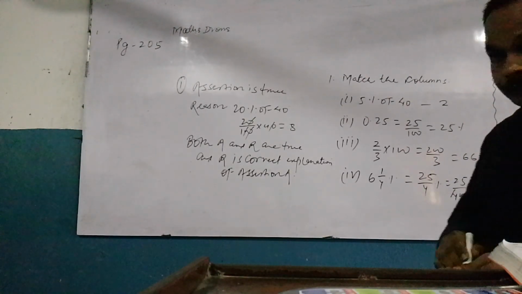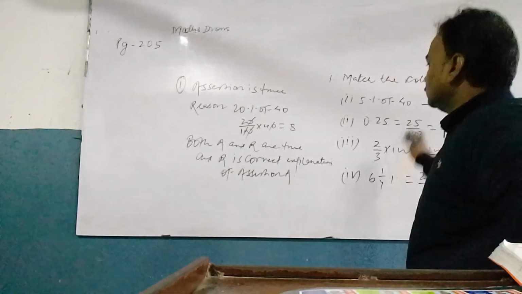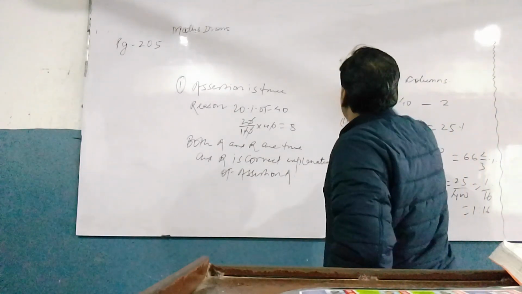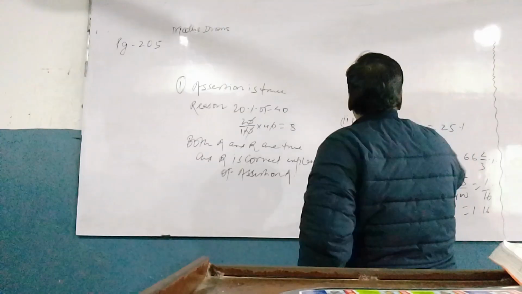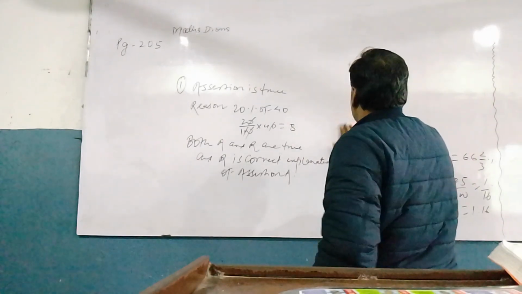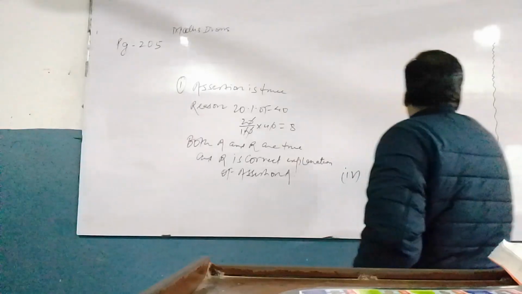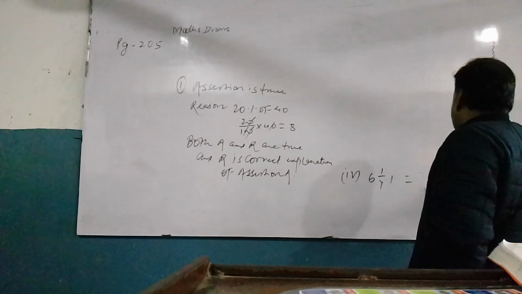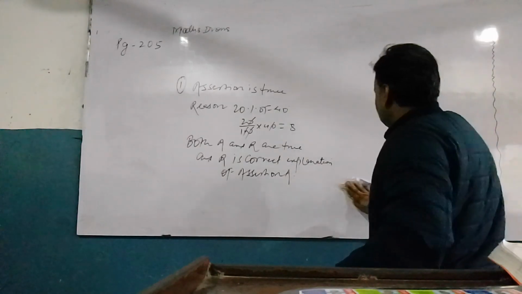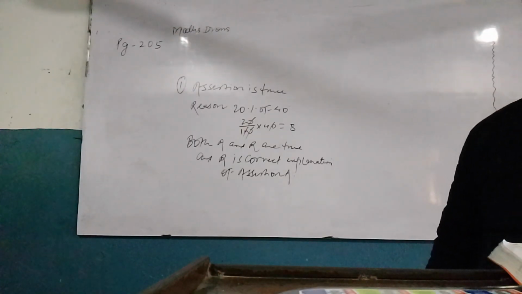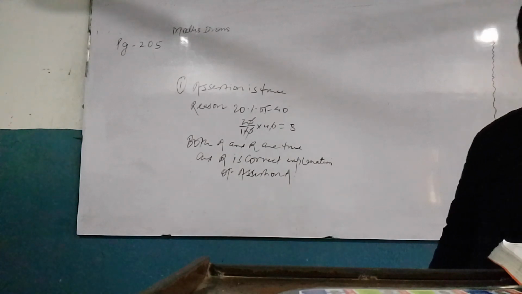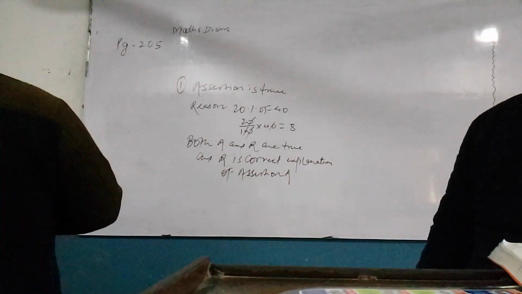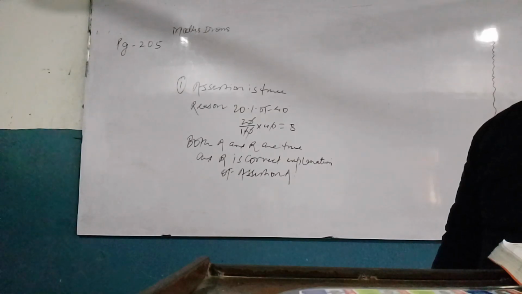Now come to question number 2. Assertion here is Rohan bought a ball for rupees 80 and sold it for rupees 50. Then the loss is rupees 30. It is true. Assertion is true. And profit is equal to SP minus CP.